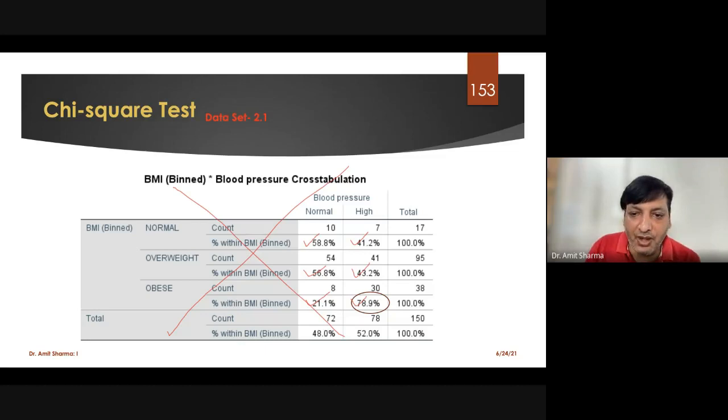Just write what the maximum proportion was that you observed for blood pressure high, and what was the maximum proportion for normal. So you will quote this 78 and this 58. The highest proportion will be taken from each column, each row. That will do. So no need to add the whole table.